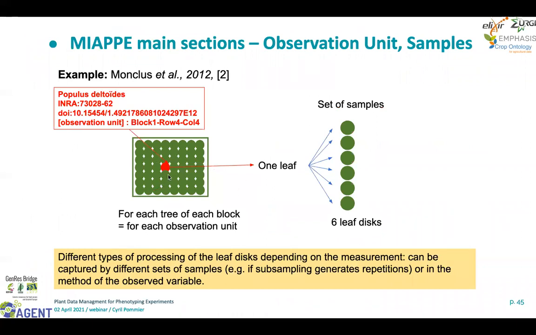And from each of those observation units, from those trees, we can take, for instance, one leaf and extract 6 leaf discs from each leaf, and therefore we have a set of samples taken from the plant, the observation units.